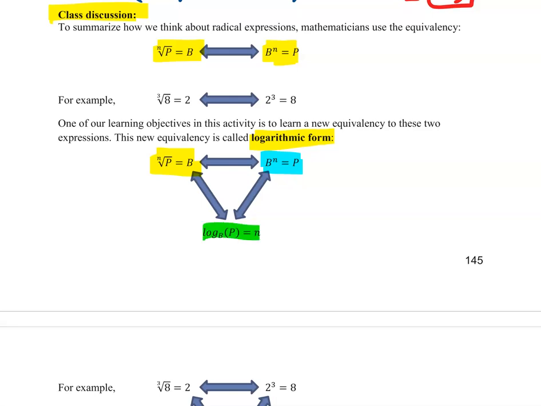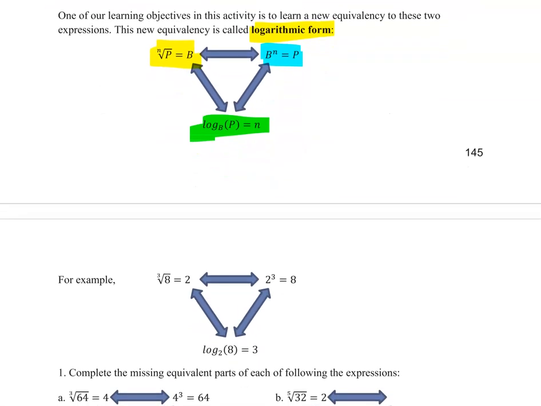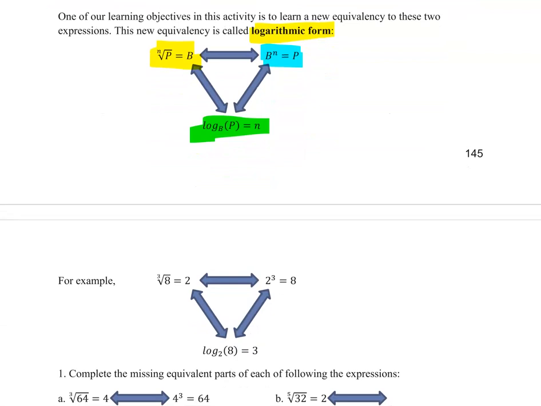Now in logarithmic form, log base b of p is equal to n. So let's have an example here. Again, the cube root of 8 is equal to 2. In exponential form, that is 2 cubed is equal to 8. And we can rewrite this in logarithmic form: log base 2 of 8 is equal to 3.